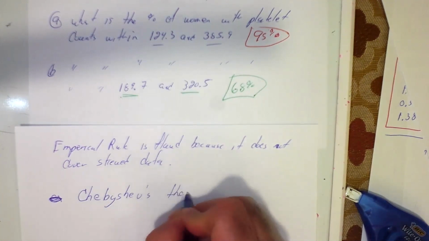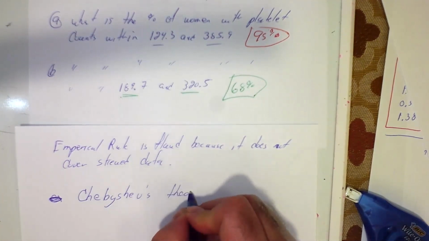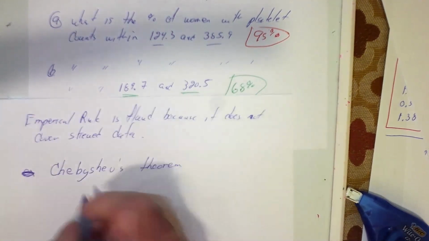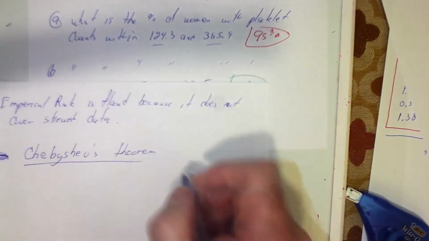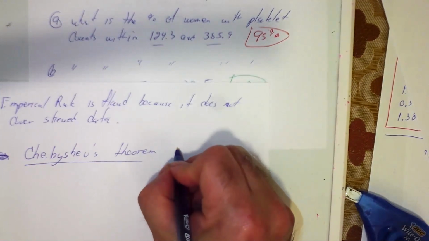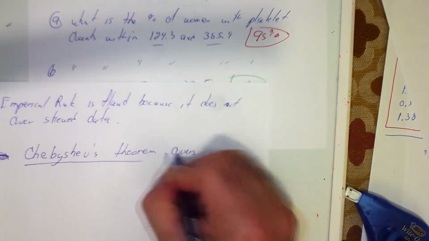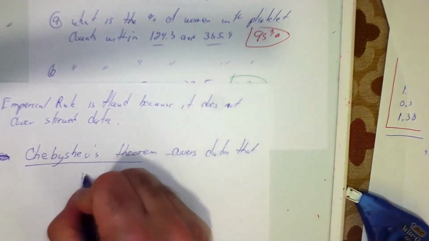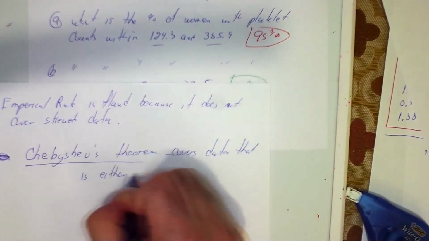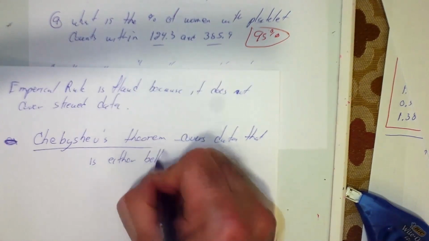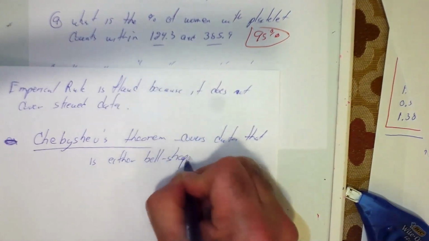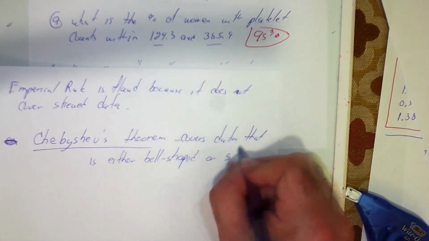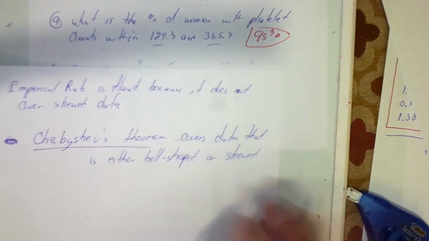Chebyshev's theorem covers data that is either bell-shaped or skewed, right?